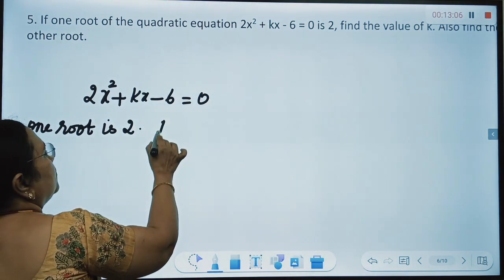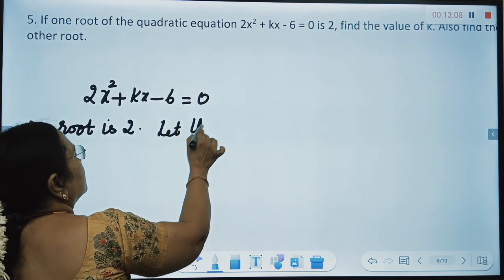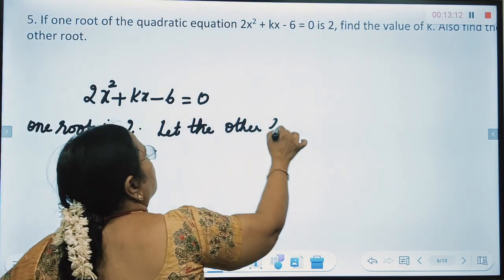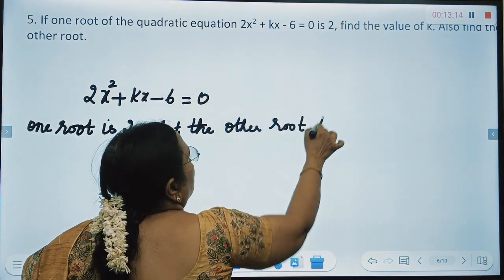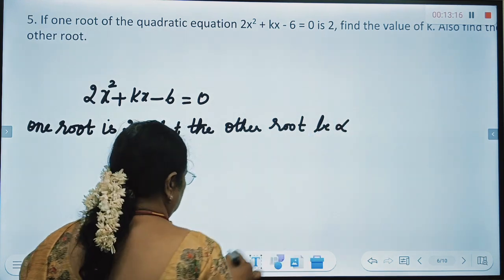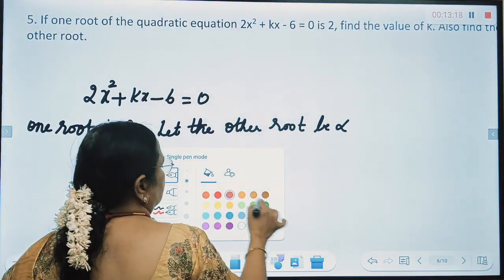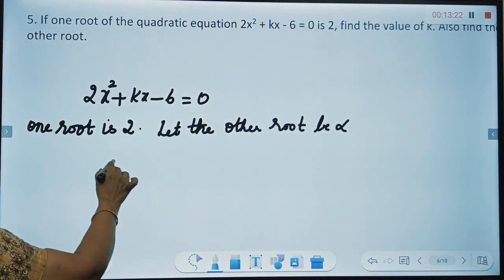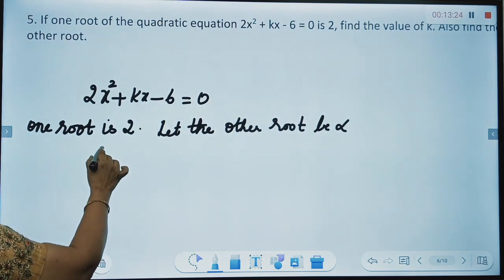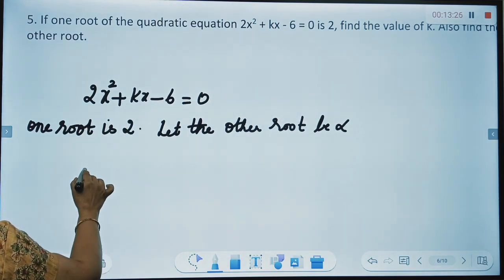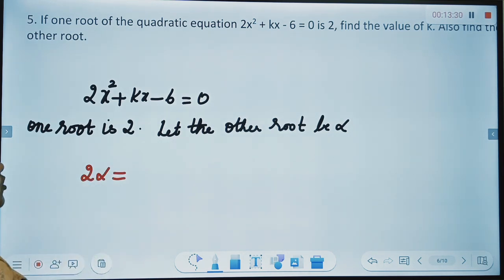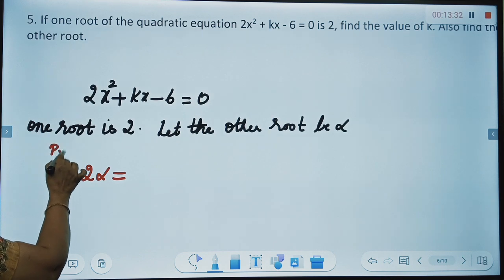So let the other root be alpha. Okay. So if one root is 2, then you know that what is the product of the roots? 2 into alpha is equal to product of the roots.